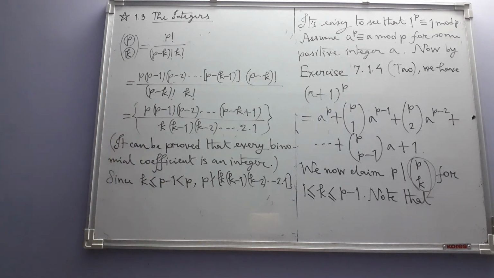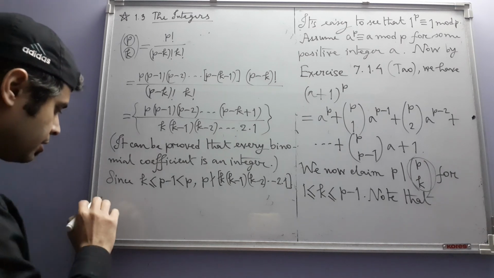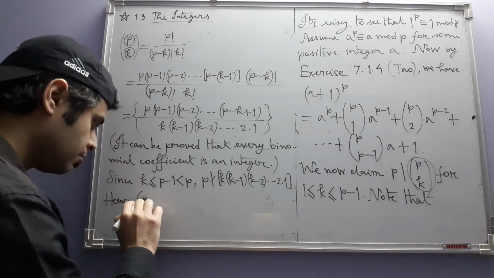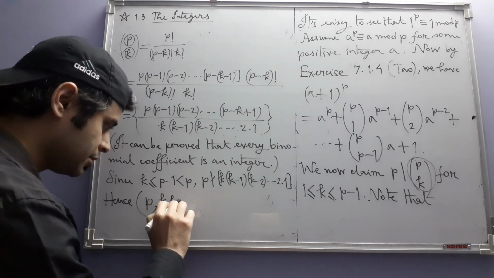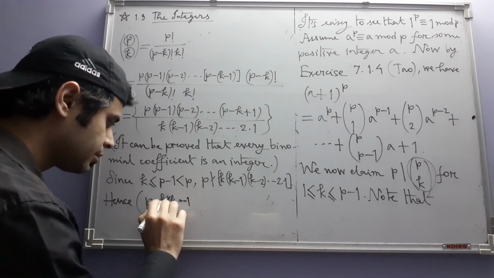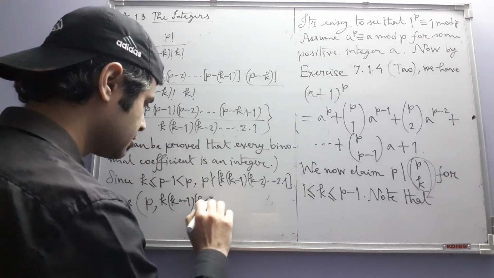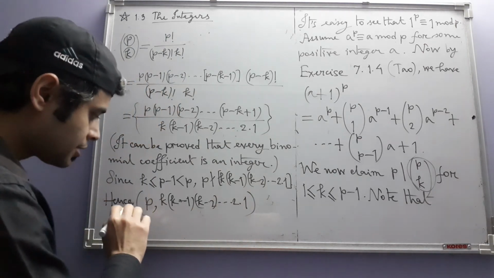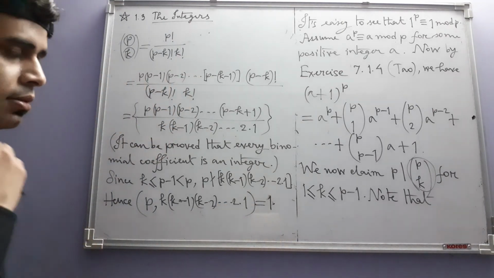Now that this part is clear, from this we have another conclusion. Hence, p and this number, which is nothing but k factorial, but anyway, since we have written it in this expanded form, let me just continue writing it like that. So that's why these two numbers are relatively prime. Why?